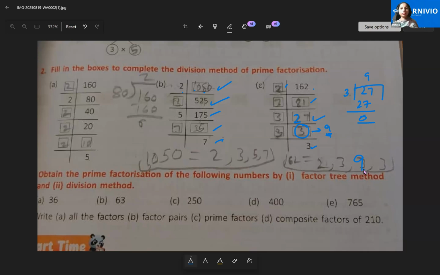Okay, ma'am. Wait, not 9 here. Give me one second. So this, it's going to be 3. Like this is correct, but here you should have written 9. Okay. 27 divided by 3 will give you 9, and then you're dividing by 3. So this part is correct, but here you just make the correction. Okay.